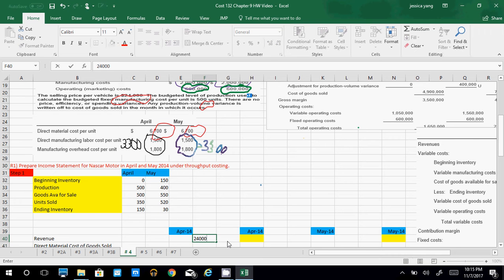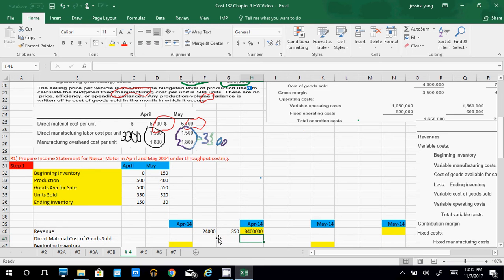We sold 350 units in April. Revenue of $8,400,000 is derived from multiplying the selling price of 24,000 by 350 units sold.